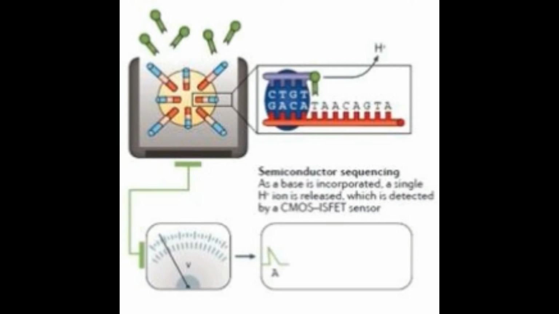This H+ release results in a unit change in the pH, exactly 0.02, and it is detected by an integrated complementary metal oxide semiconductor, a CMOS, and an ion-sensitive field effect transistor, which is an ISFET device.